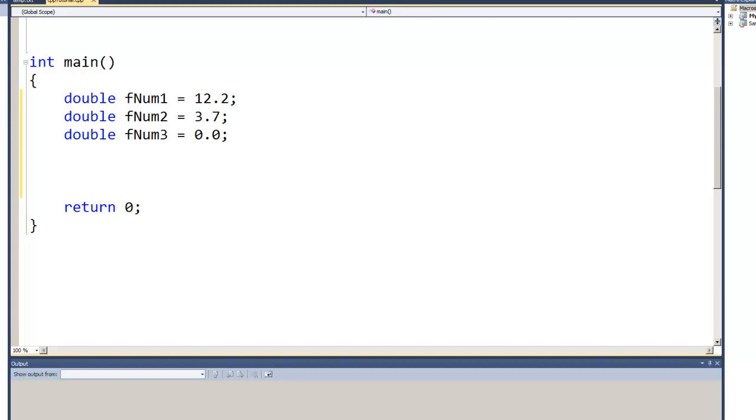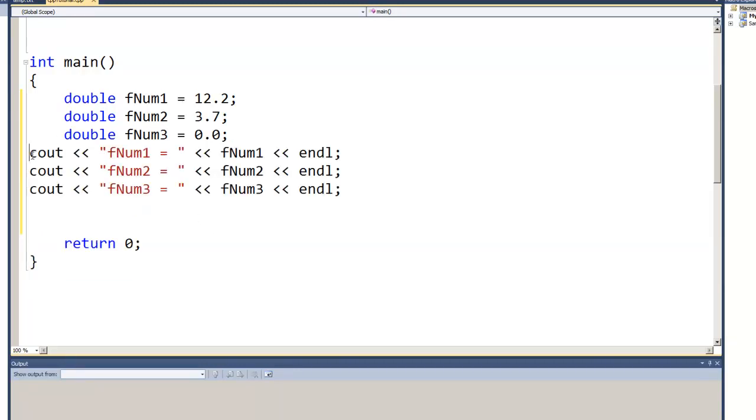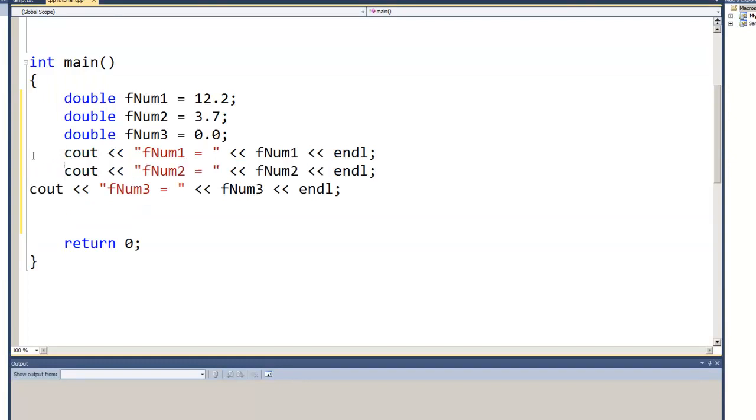If we were to just output these values, all we're going to see is exactly what we put in. So let's do that to start with. Here we've got some couts that output each of those, nothing in between.